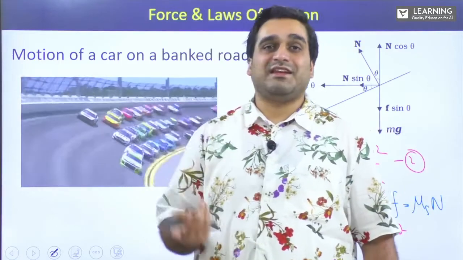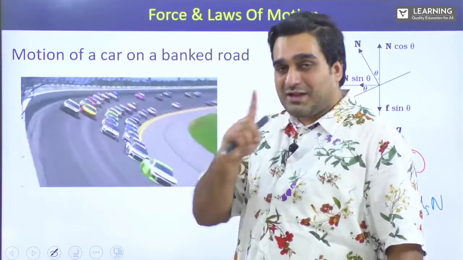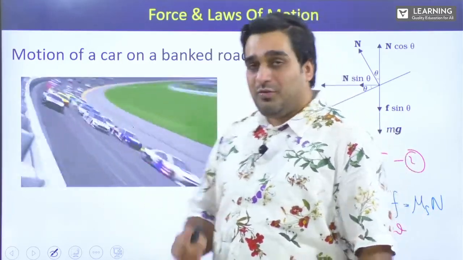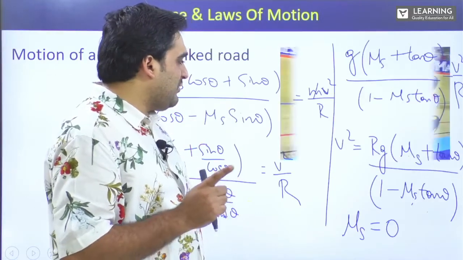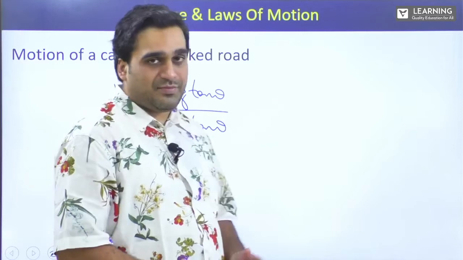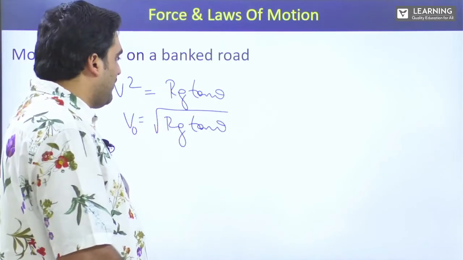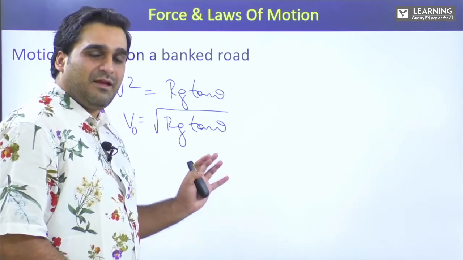In rainy season, there's rain on the track, but the car still moves at a good maximum velocity. Again, why? Because friction is not really necessary on a banked road for it to move with a maximum velocity. I hope I made this clear.